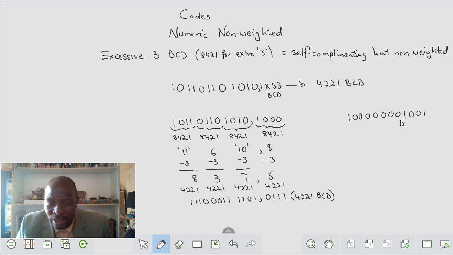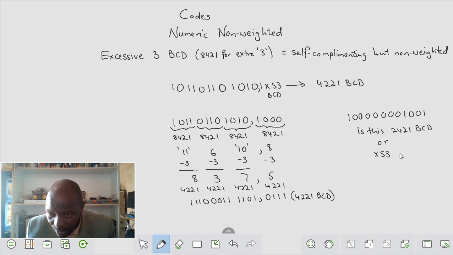This is either 2 4 2 1 BCD, or excess 3, and then they say give a reason. We're told it's one of the two, but now which one do you think it is, and give a reason.